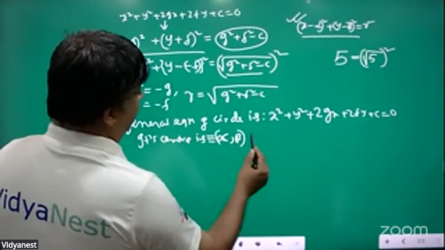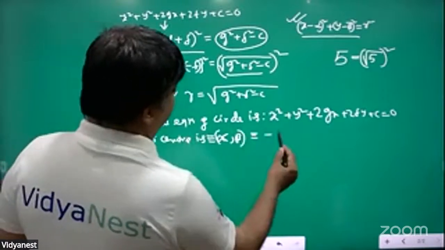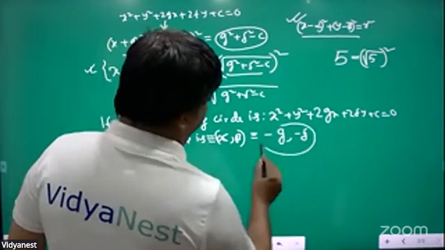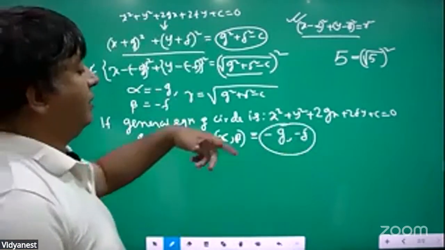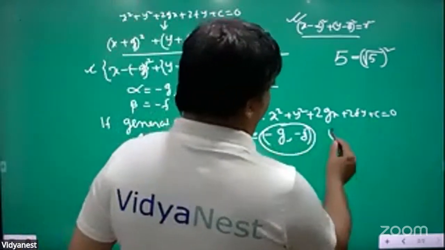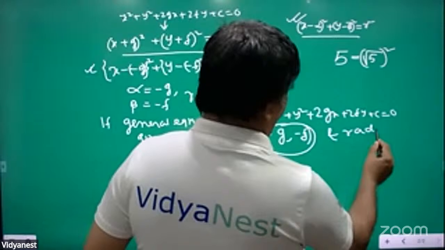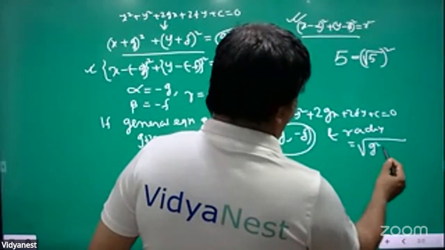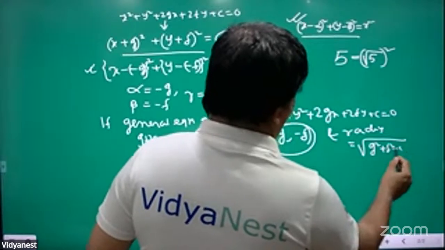What is alpha? Minus g, minus f. So this is the center of the general equation if given in this form, and radius is root of g square plus f square minus c.